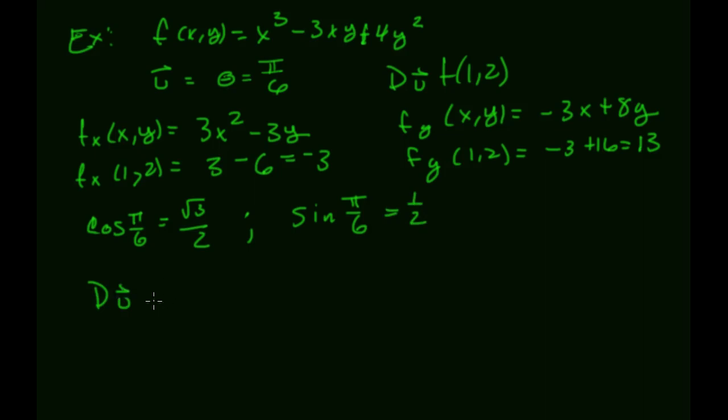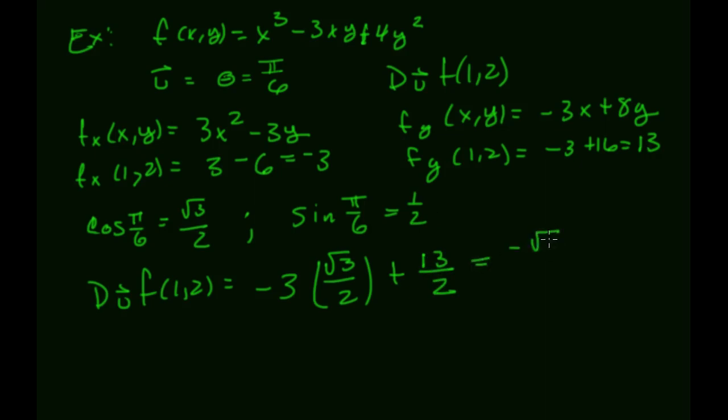So this directional derivative of f at 1, 2 should be f sub x, which is negative 3, times cosine theta, which is root 3 over 2, plus 13 times 1/2, which gives me negative 3 root 3 over 2 plus 13 over 2, which is approximately 3.9.